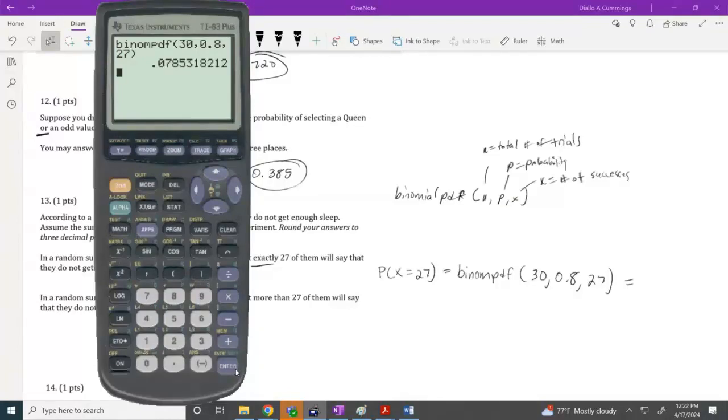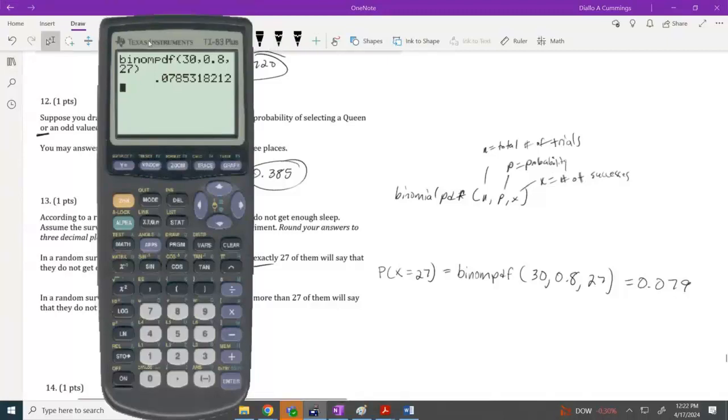And we have 0.079, rounded to 3 decimal places. All right, everybody okay with that one?